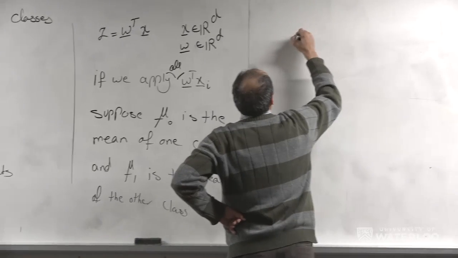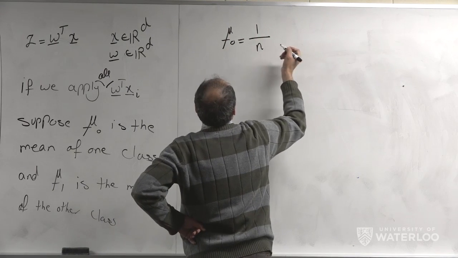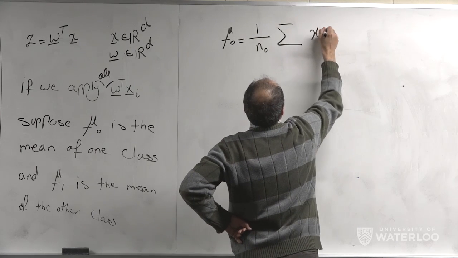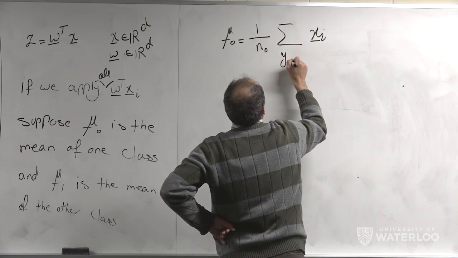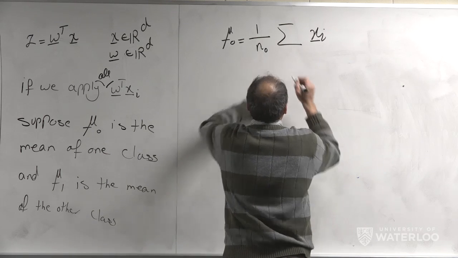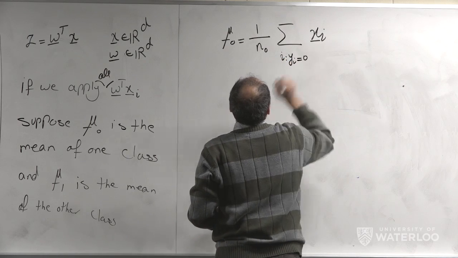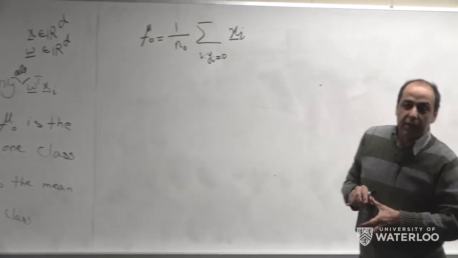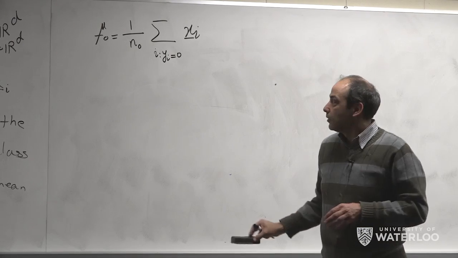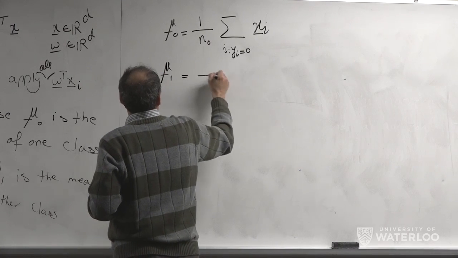So basically, mu0 is 1 over n0 sigma of all xi, for all i's such that yi is equal to 0. And n0 is the number of points in class 0. And mu1 is the mean of the other class.